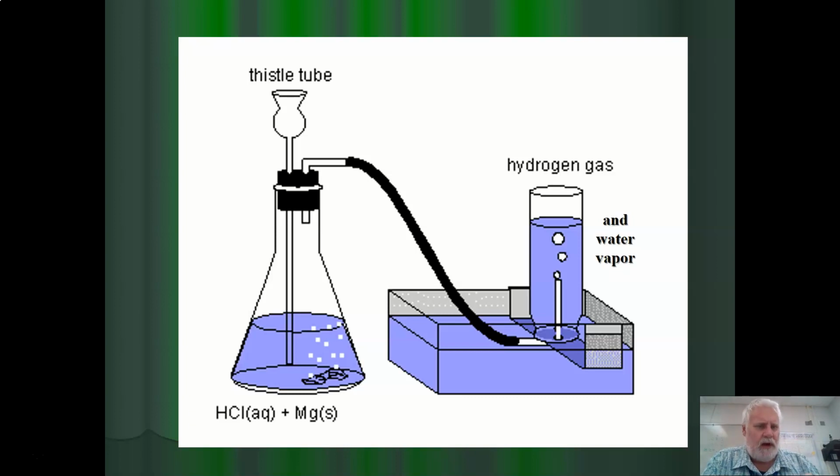So water vapor is always going to be a part of that. So that's the bad news. If you collect something, you're always going to have an error because there are going to be little water molecules in there taking up space just like the hydrogen gas is. Now the good news is you can use your blue sheet to correct for that.